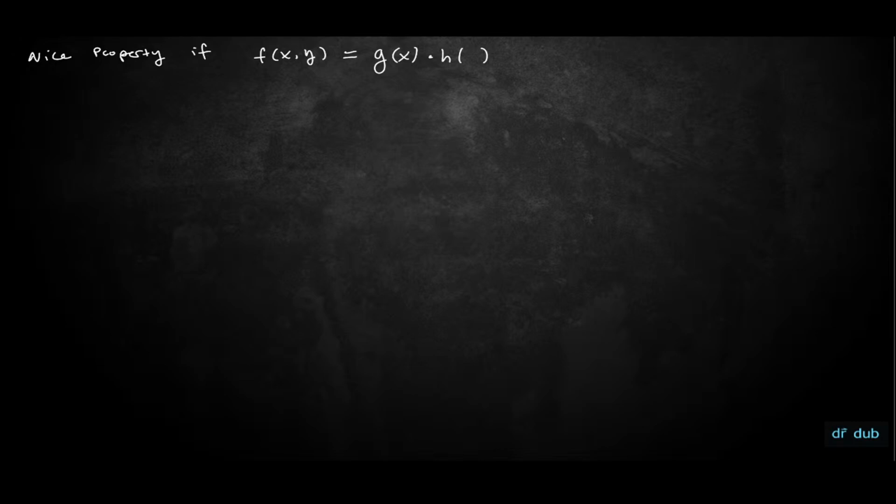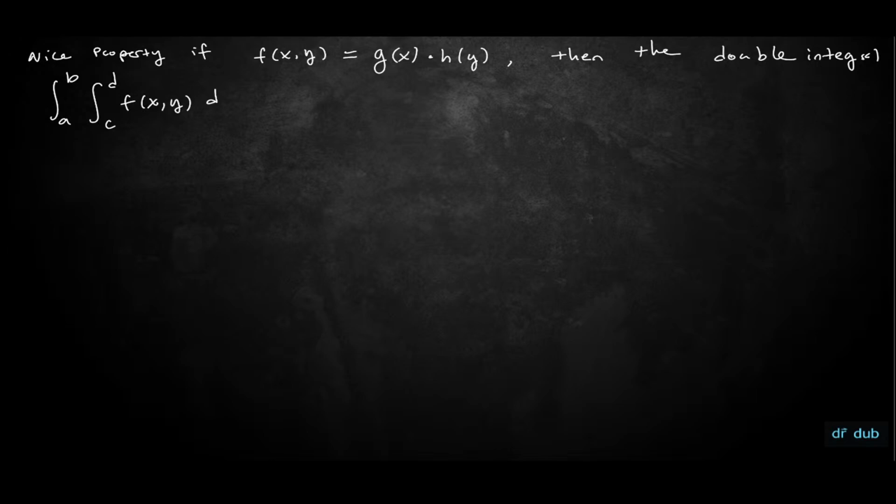So if your function f of xy is just really a product of functions of x times function of y, then the double integral, integral from a to b, integral from c to d, f of xy dy dx, is equal to integral from a to b g of x dx times integral from c to d h of y dy.